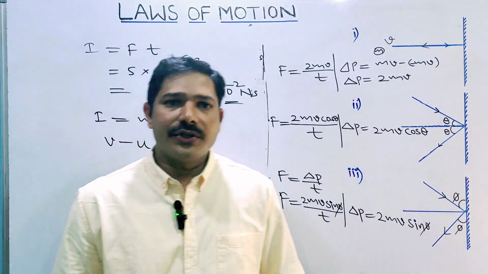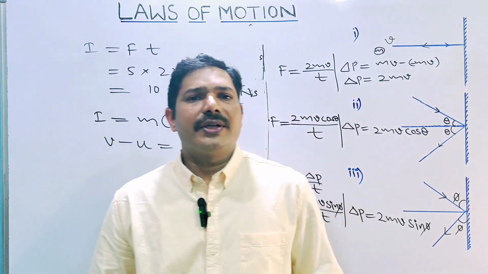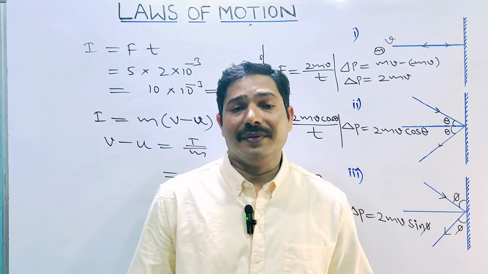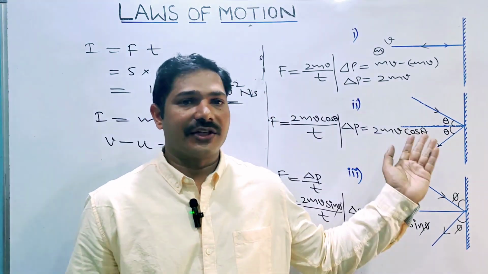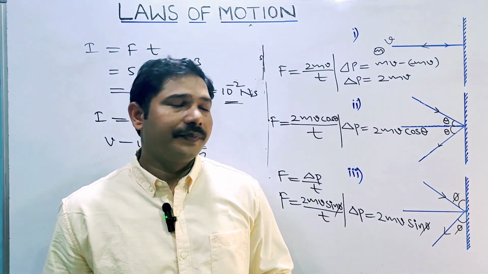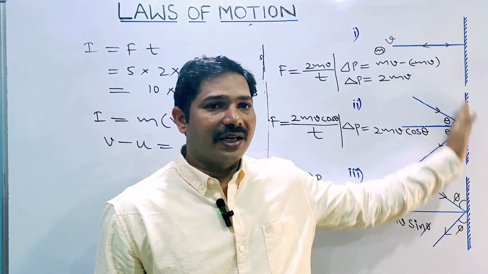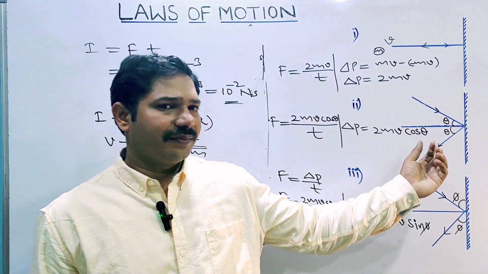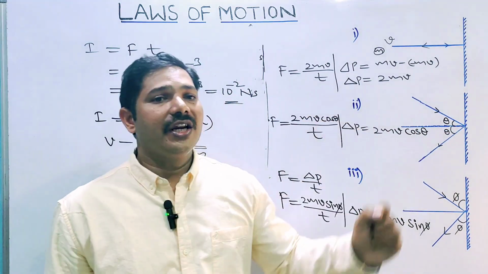Next, Newton's third law, which is very easy. To every action there is an equal and opposite reaction. In the diagram already on the board you can observe one ball thrown towards a rigid wall. With whatever velocity it is thrown, with that velocity it comes back.